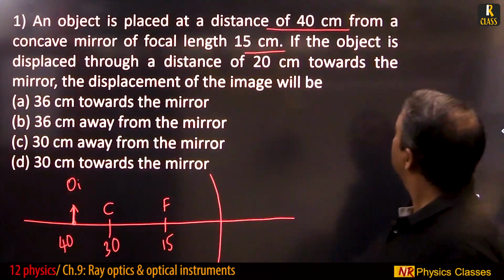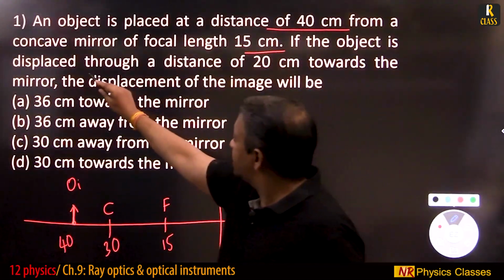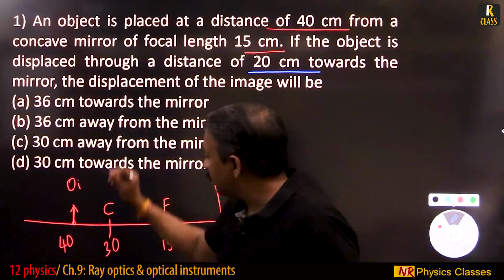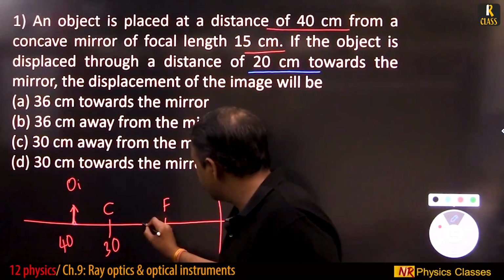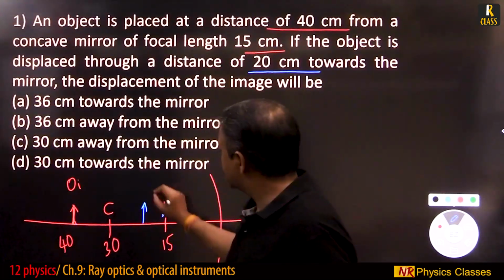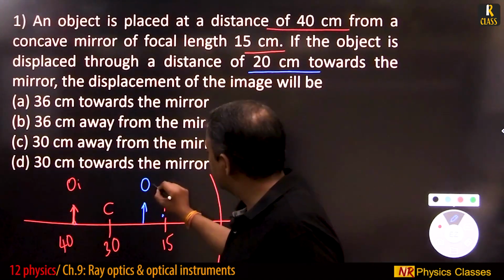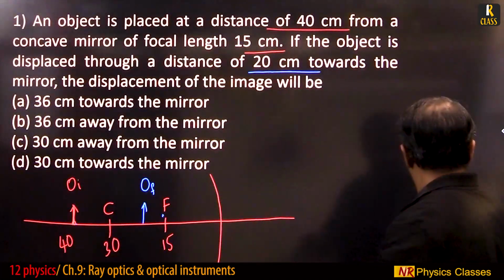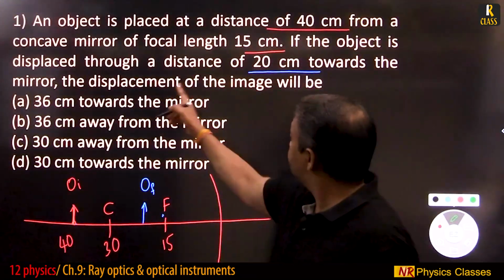Now, if the object is displaced through a distance of 20 cm towards the mirror, from here to here, this is the object's final position. Now observe the displacement of the image.